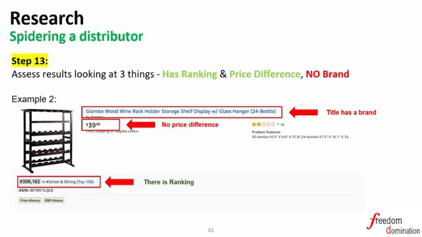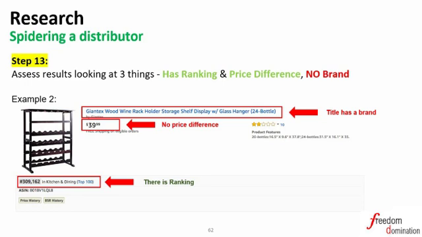For the second example, we look at the title. There is a brand of Giantex. At the price, there is also no price difference like the first example.